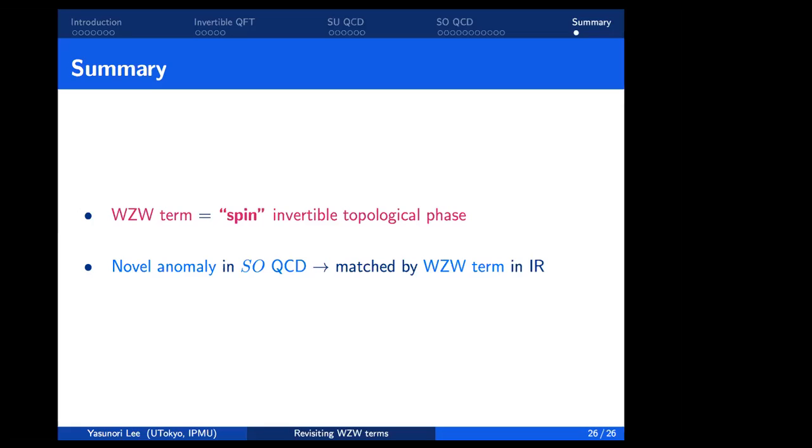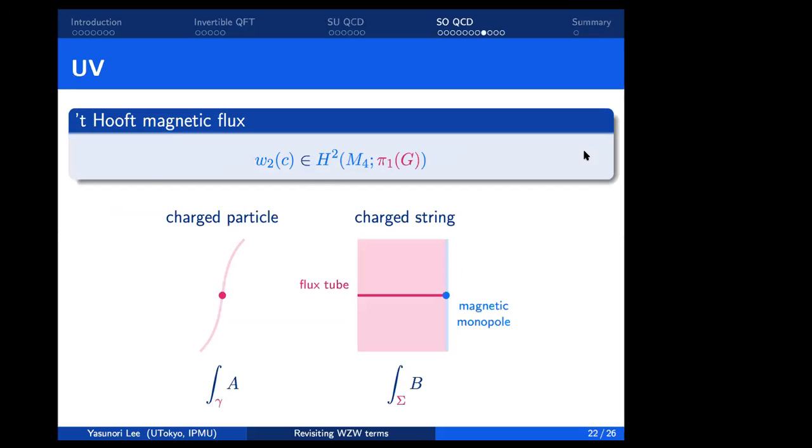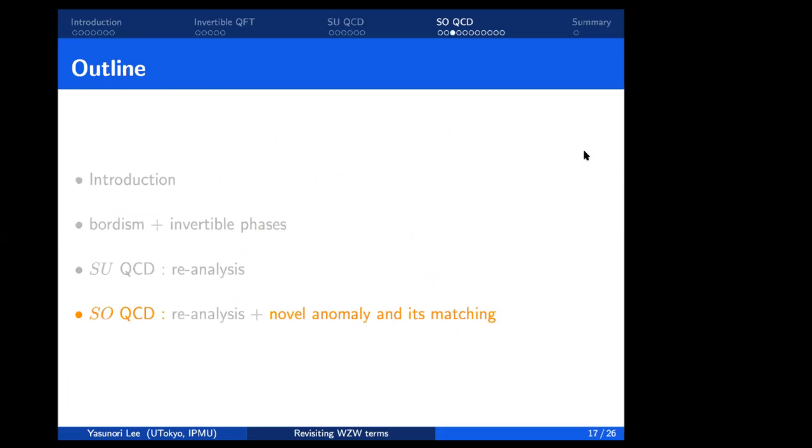Any other questions? I'm ignorant, but is there any role if you have non-trivial theta term like theta equal to pi? Is there a change of story? Theta angle, yes, is the crucial point. So I said, where is the slide? Let's see. Here.